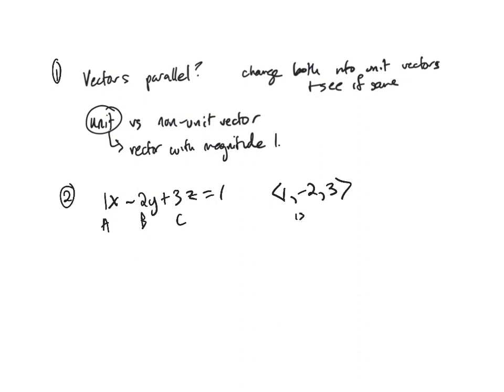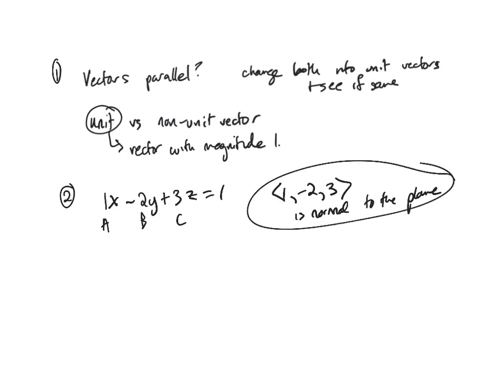This is normal or orthogonal to the plane. So there was a lot of work being done to try to find a vector that's orthogonal or normal to the plane, but this actually is. And so the reason that when we find the angle between two planes we can use those is not because they're on the plane, it's because they're both normal to their respective planes.